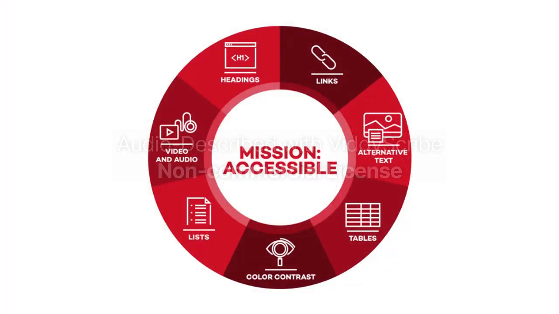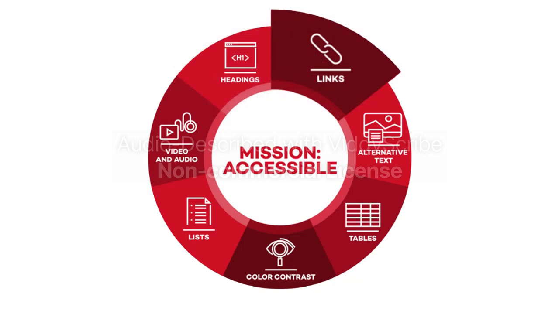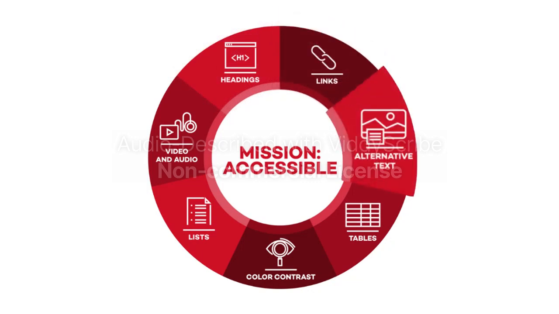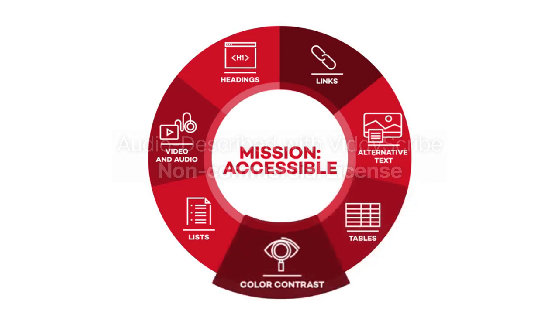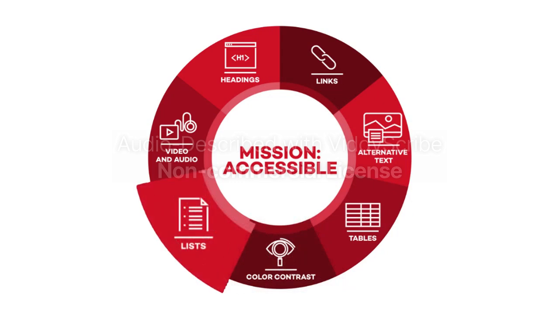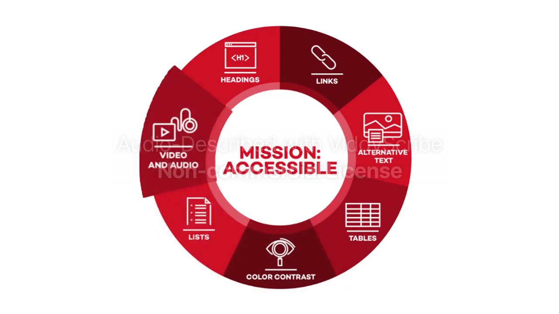An infographic in a red circle with Mission Accessible in the center, with sections labeled headings, links, alternative text, tables, color contrast, lists, video and audio. Provide good structure, use proper headings, write descriptive links, add alternative text for visual media, format tables, use good color contrast, format lists, and add captions and transcripts for videos and audio.